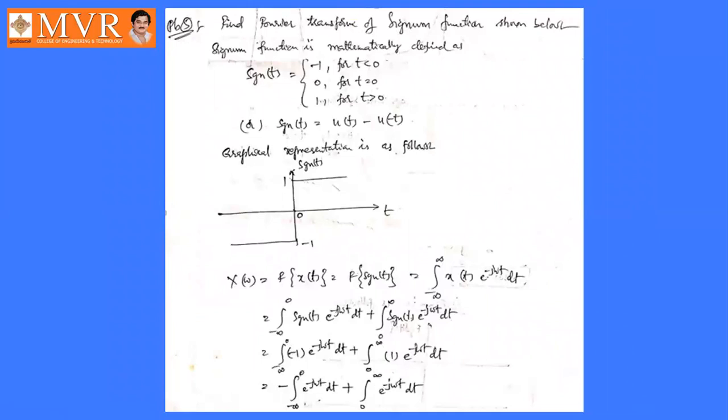This is the signum function. How is the signum function defined? Signum of t is equal to -1 for t less than 0, it is 0 for t equal to 0, and it is 1 for t greater than 0.